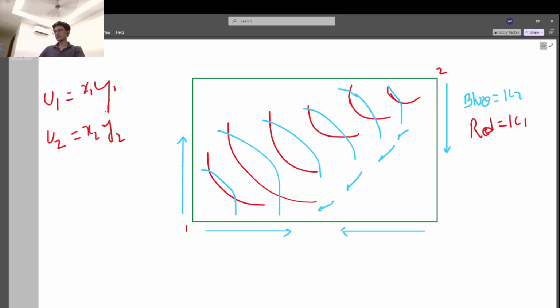So this is the concept we are aware of. This Edgeworth box is the basis which will help us understand how we attain a general equilibrium.